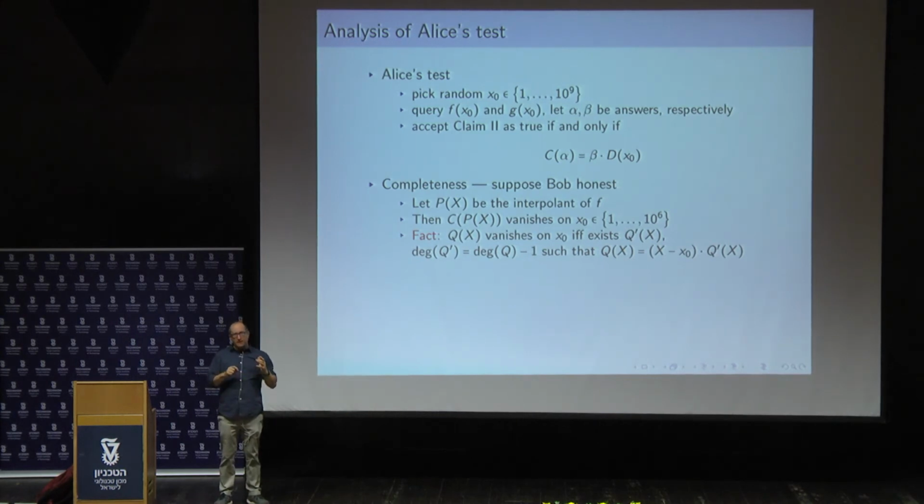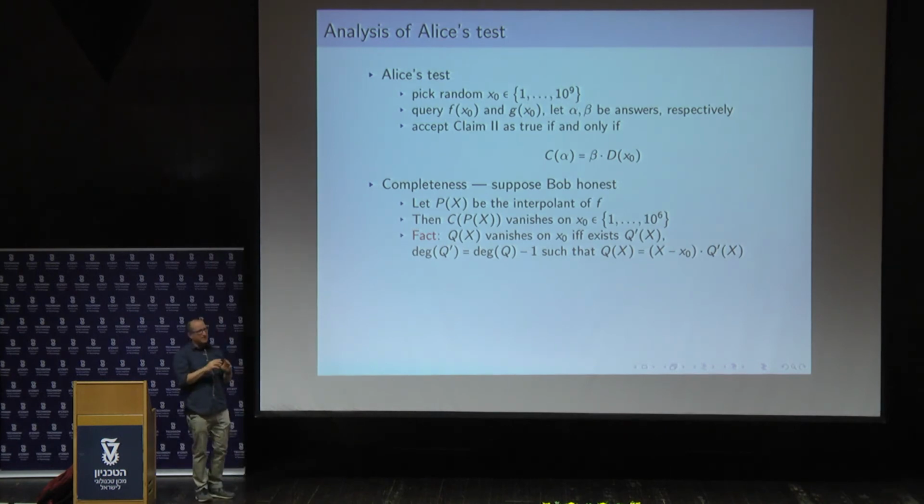A line, so it's a degree 1 polynomial, vanishes at the point 0, so it passes through the origin, if and only if it is of the form x times something, right? Okay, so x divides it. It's going to be x times a constant. And this is more general.